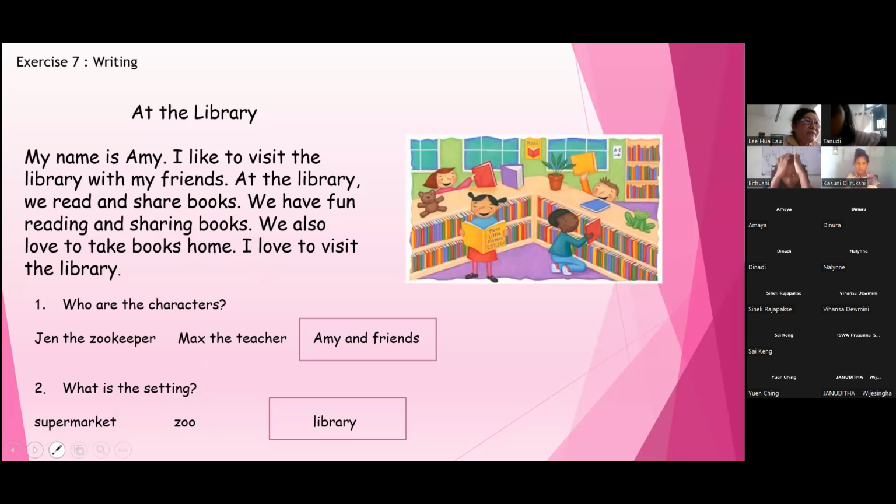Evening. Yeah, you go to the library in the evening, to the public library. Very good. If it's a school library, when would you go? In the interval. In the school, yeah, school interval, right? Probably in the morning or afternoon. All right, very good. Well done, children.